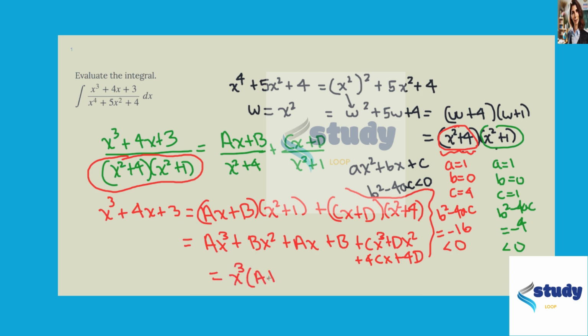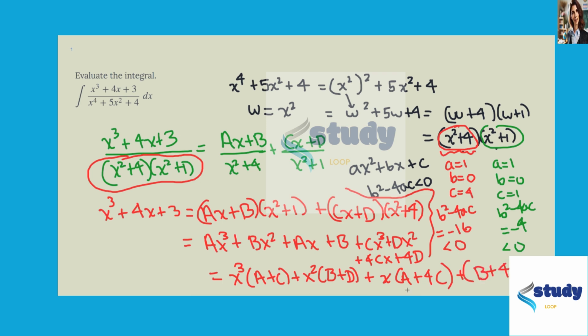That's a plus c. Factor out x squared. That's b plus d. Factor out x. We have a plus 4c. And then our constant term left over is just b plus 4d.